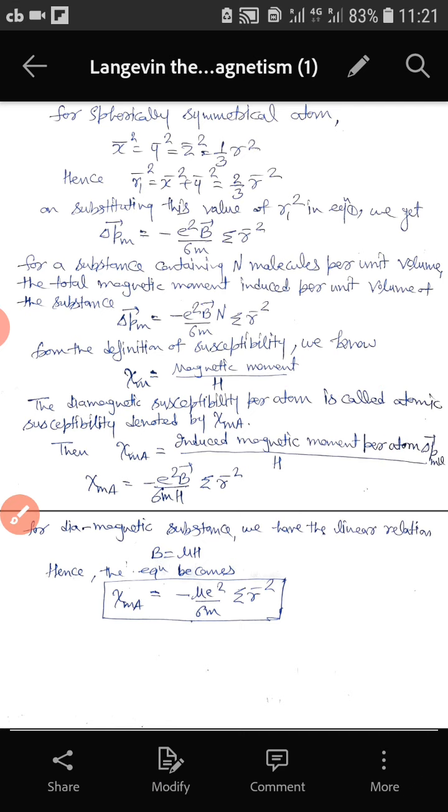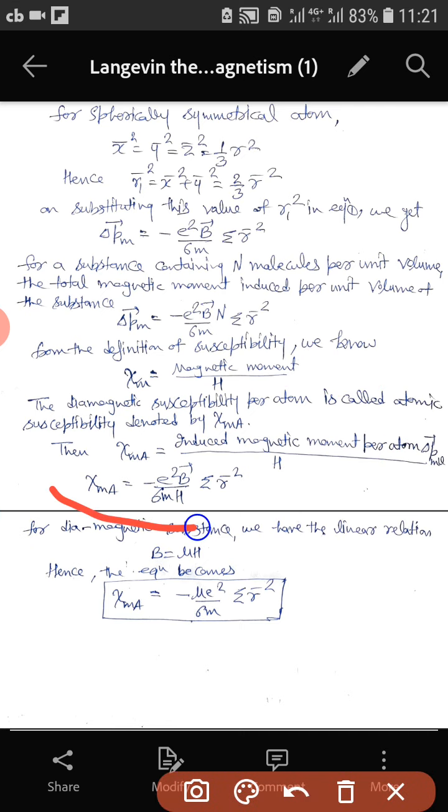So our expression for chi ma will be this value: minus e square B over 6m H summation r square.